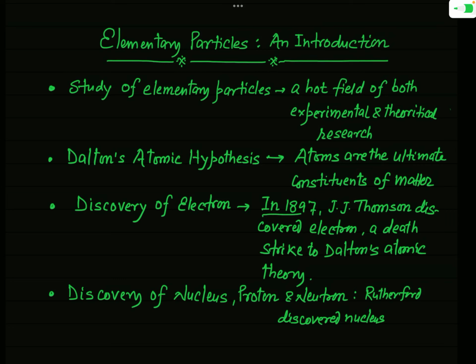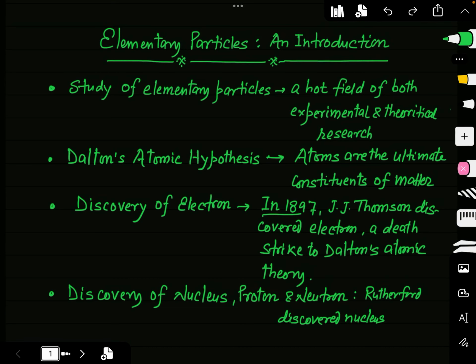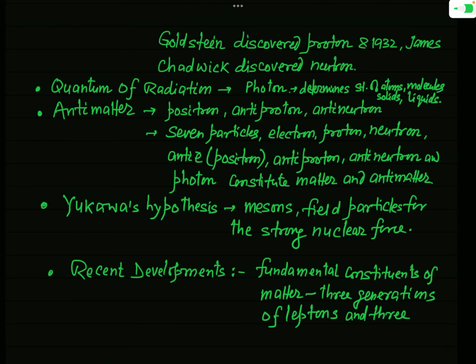In fact, after the discovery of the proton by Goldstein, it was found that the positive charge of the nucleus is simply the charge of the proton. And after that, in 1932, James Chadwick discovered a neutral particle which is called the neutron, and finally it was proved that our nucleus is composed of two particles, protons and neutrons.